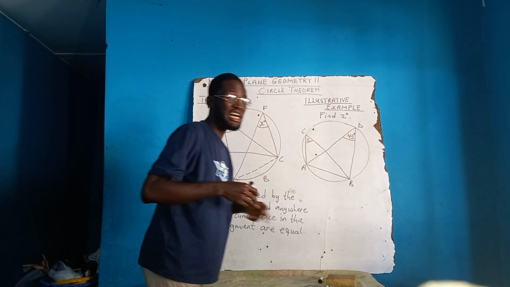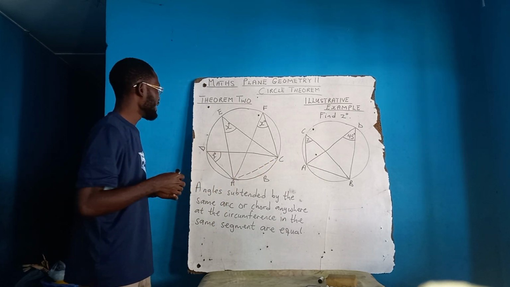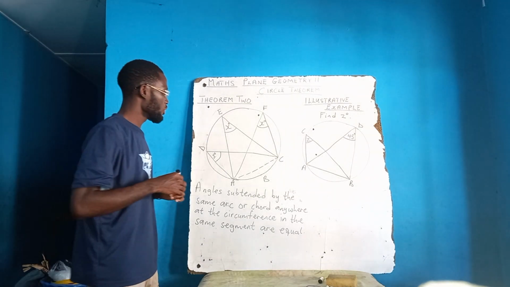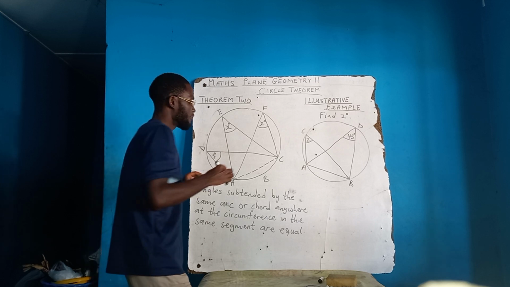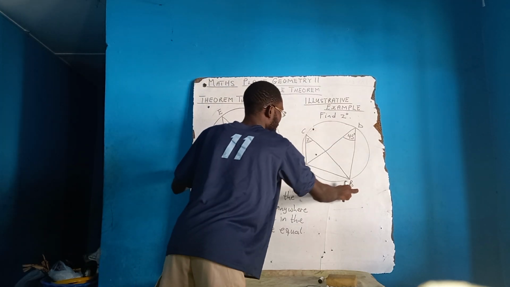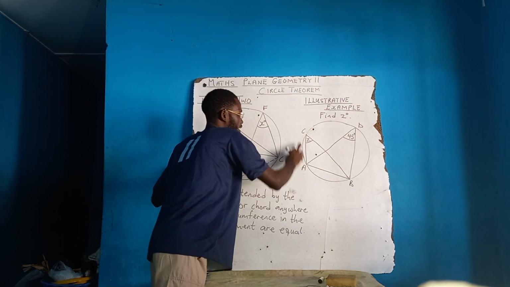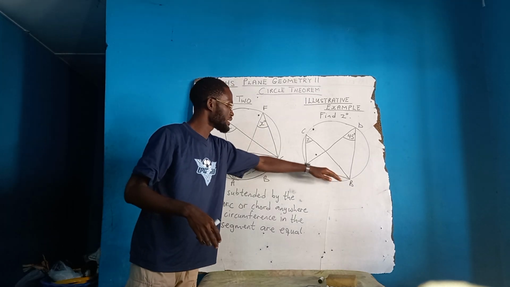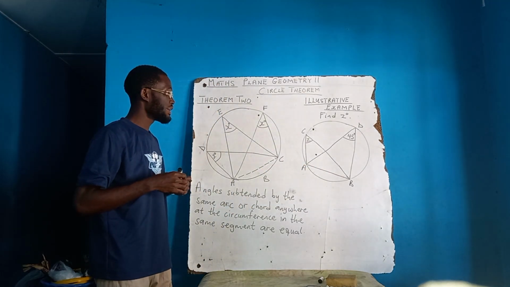Line AB becomes our chord when we compare it to the theorem. So we have line AB as our chord, and we have angle ADB being 45 degrees, and angle ACB, which is the same as angle Z, both lying on the same chord AB.